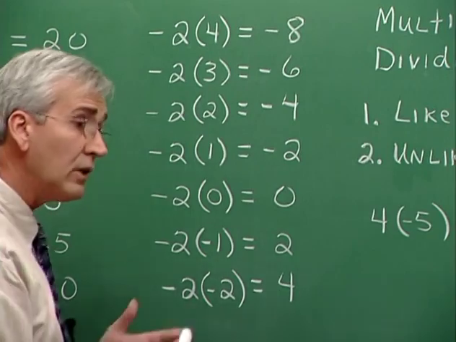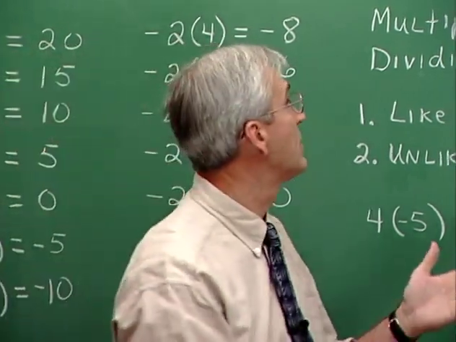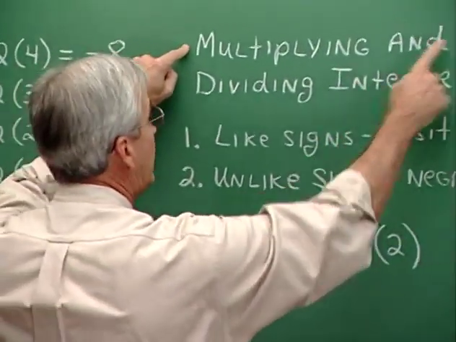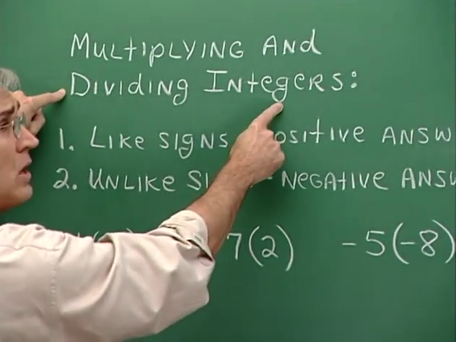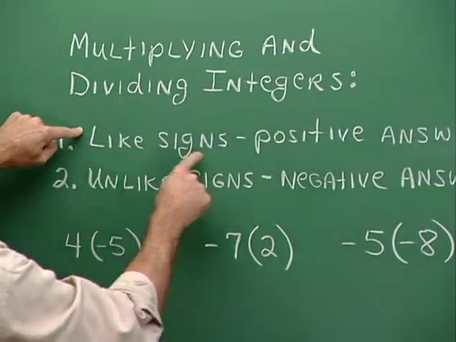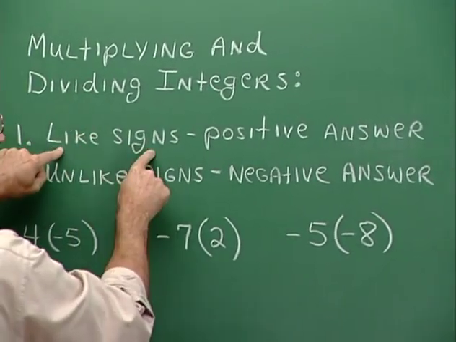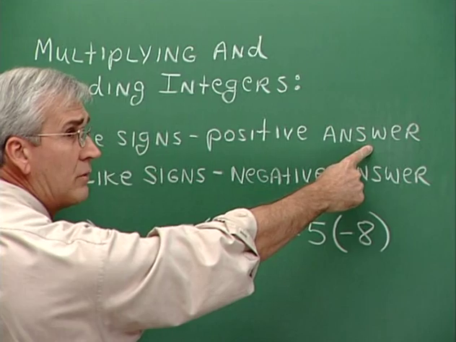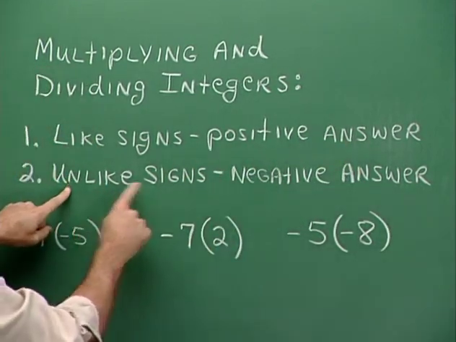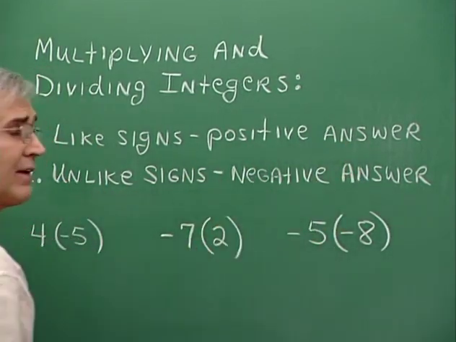Okay, to summarize, it's as simple as this: when multiplying, and it turns out in dividing as well, with integers, if the signs of the items under the operation are alike, then we get a positive result. We get a positive answer. If the signs are not alike, we get negative answers.